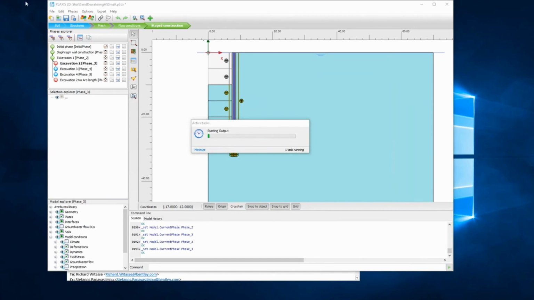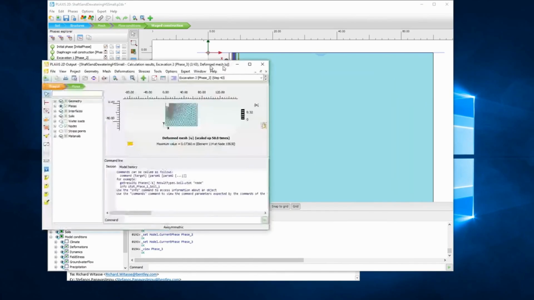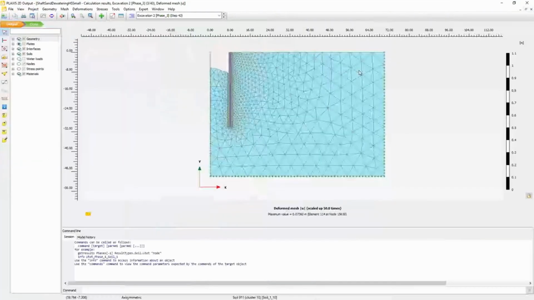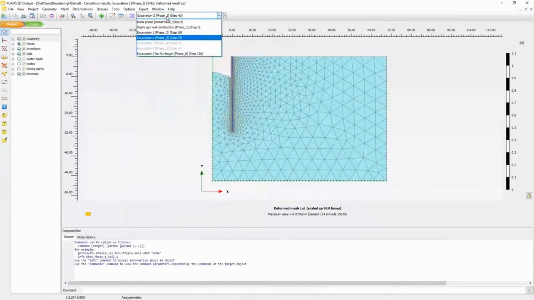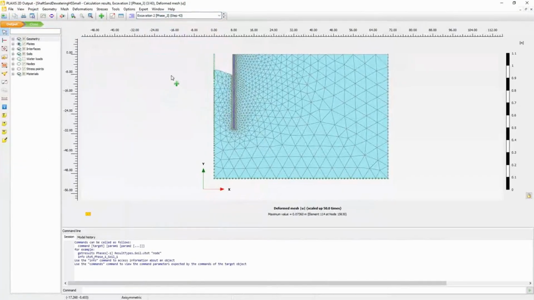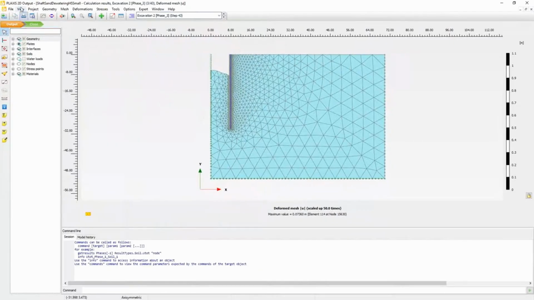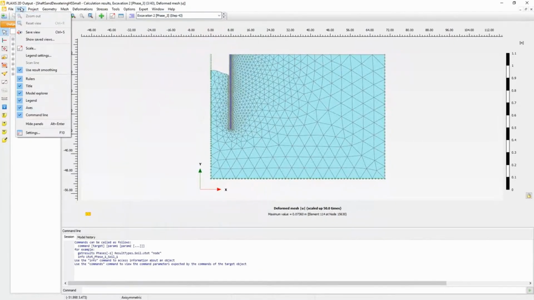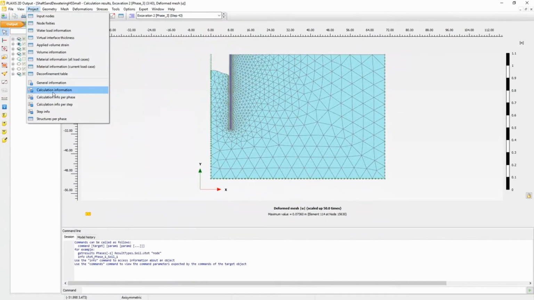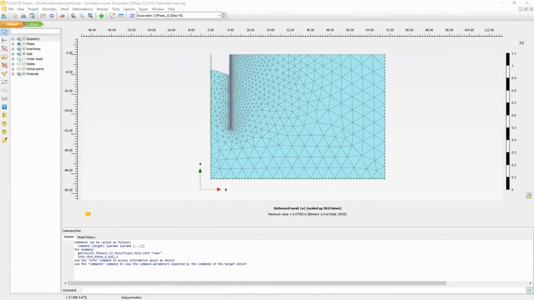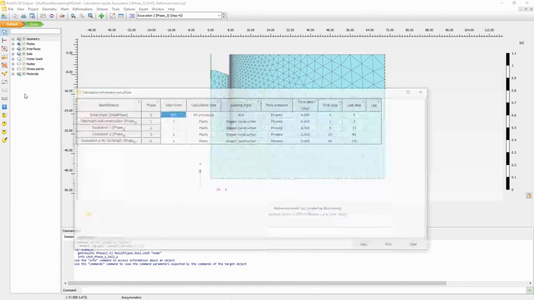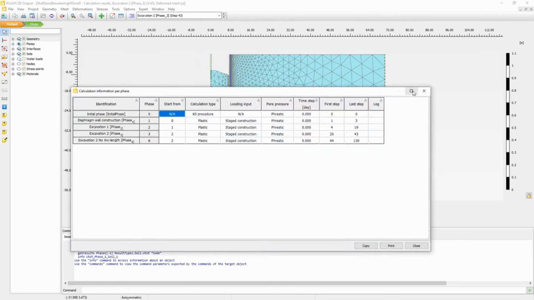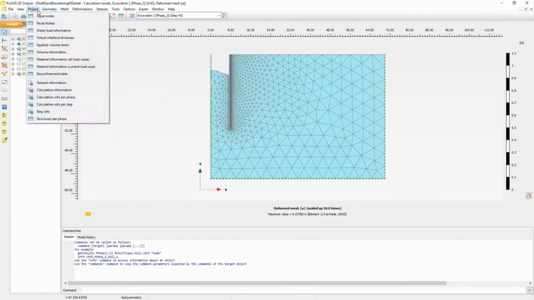Output will now show up. Let me bring this to you. So this is the output for phase number 2. And the first thing you could start looking into is this. If you look here into project, you do see this calculation information right here, as I mentioned to you. That was not the correct one. Sorry, it was the last one.